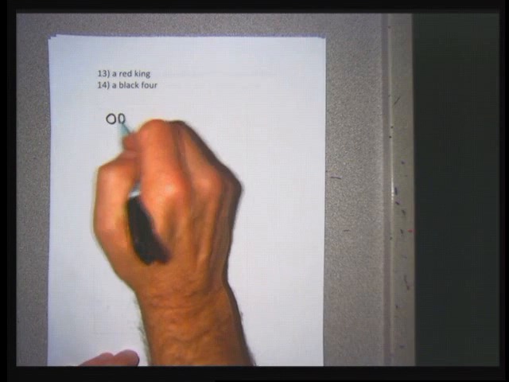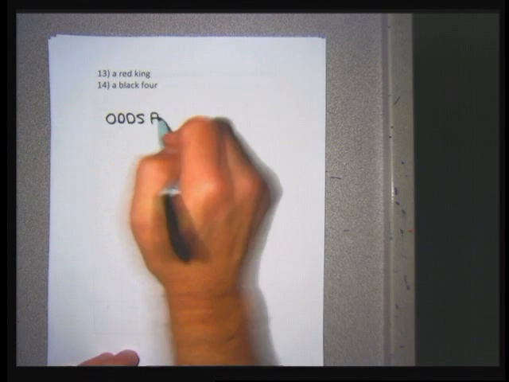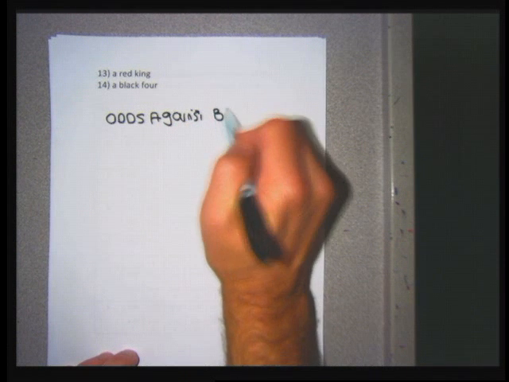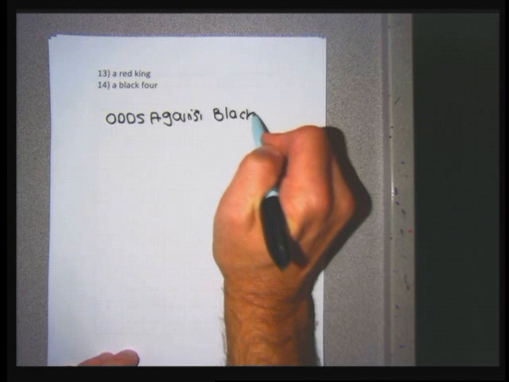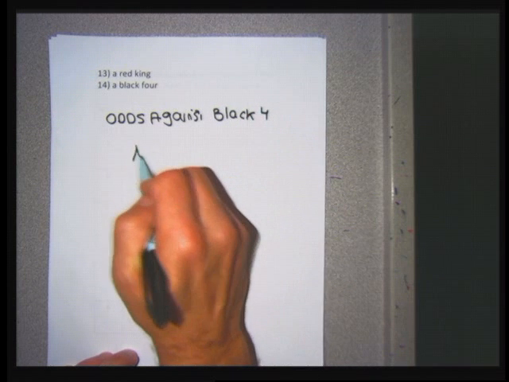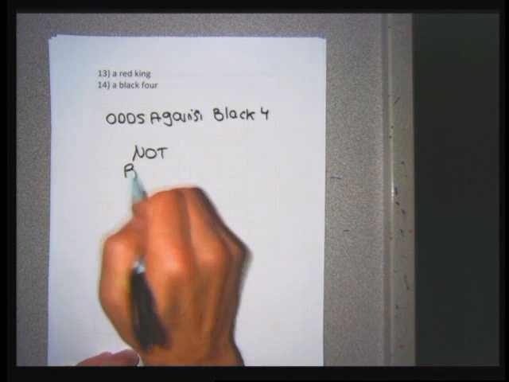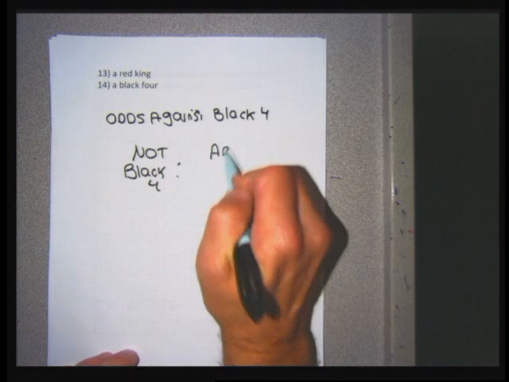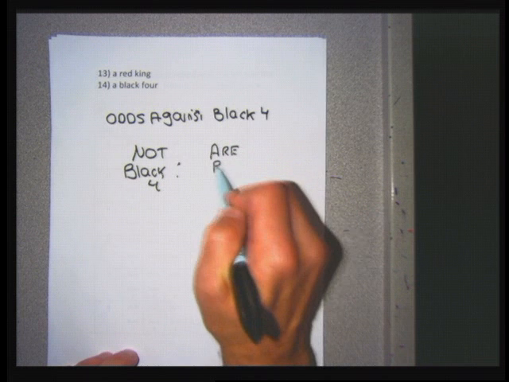Okay, so for 14, I'm going to do the odds against a black 4. So I need to separate the deck of cards into "not a black 4" and "are a black 4."